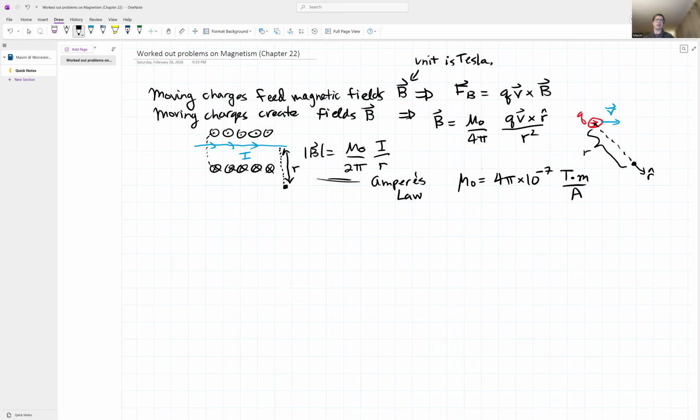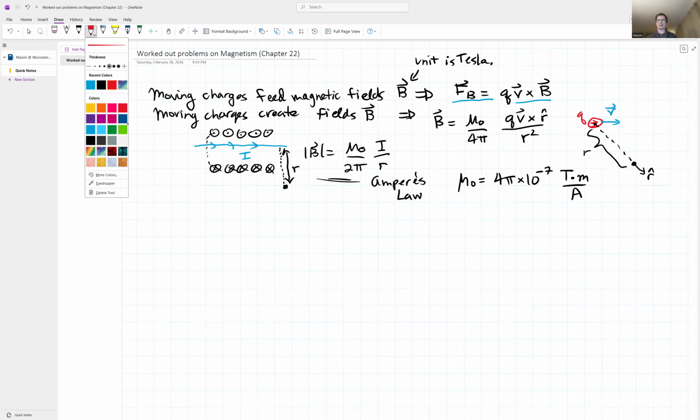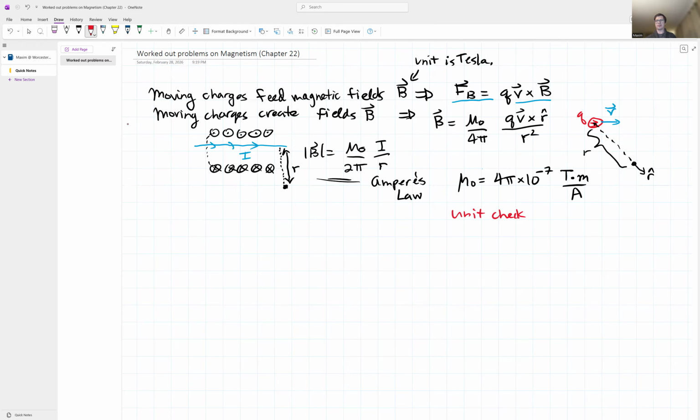And you can use this force formula to figure out how these units are connected. So let's just do a quick unit check to see what that's about. If we do a unit check on this Tesla meter per amp, a Tesla has to be related to a Newton as follows.